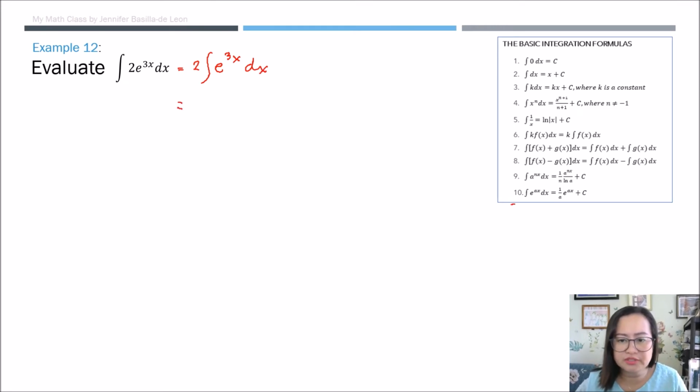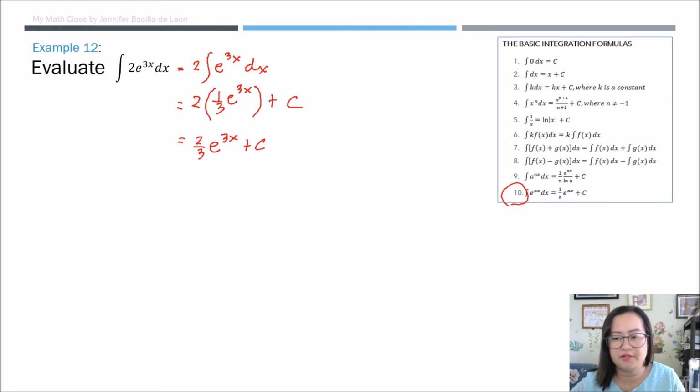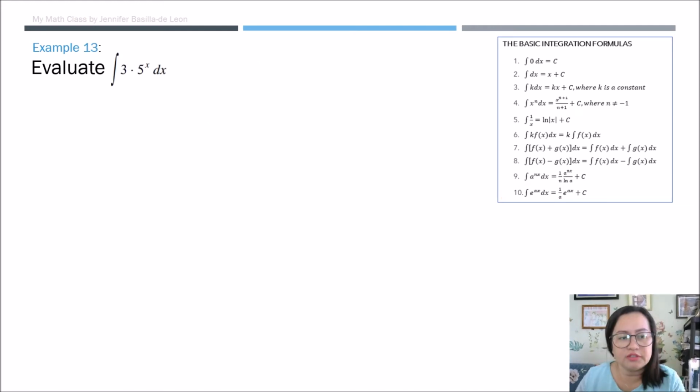Applying rule number 10, we can see that a is equal to 3, so we shall have 2 times 1/3 e raised to 3x plus c. So simplifying this, we shall have 2/3 e raised to 3x plus c. Let's have example number 13.